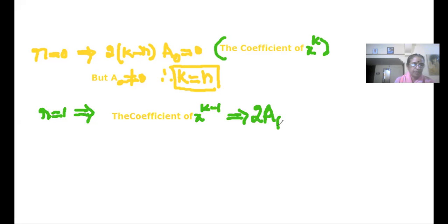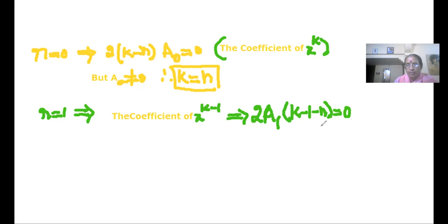The first term, k minus r minus n, becomes k minus 1 minus n. The second term vanishes, because k minus r minus 1, that is k minus 1 minus 1, becomes equal to 0. So we get only one term.